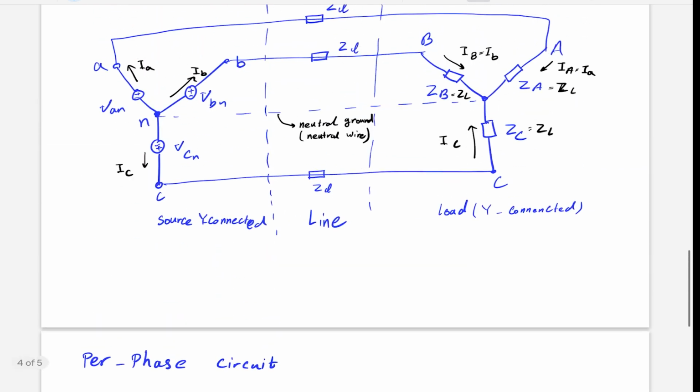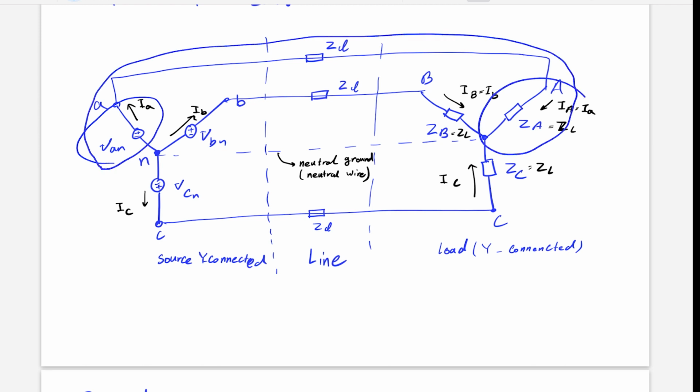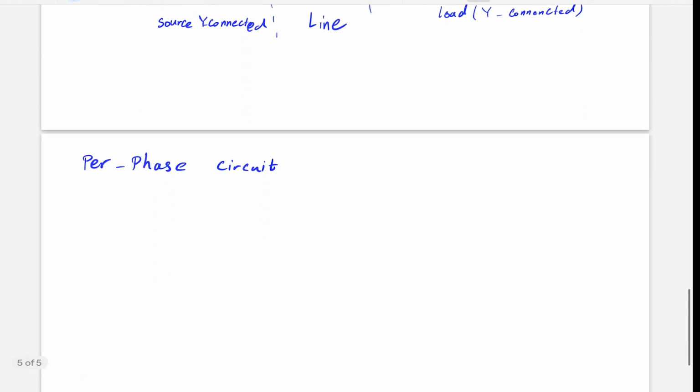So let's go for the per phase circuit. In per phase circuits, I just consider VAN, just one transmission line, and just one load. So I will consider this scenario.